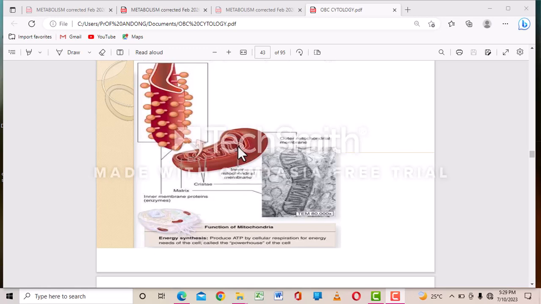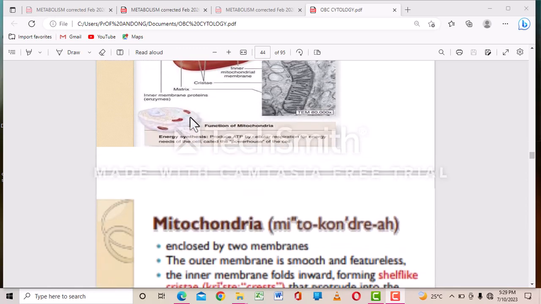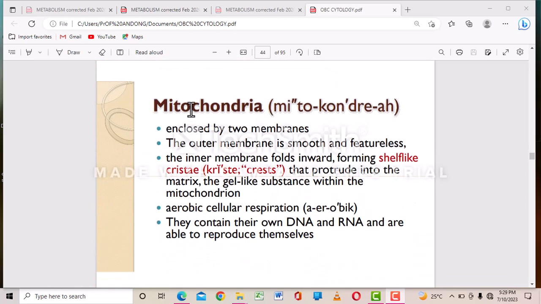Now anaerobic cellular respiration, that is glycolysis, occurs in the cytosol of the cytoplasm. Now it must be noted also that the mitochondria has its own circular DNA, its own RNA, and it's capable of self-reproduction.